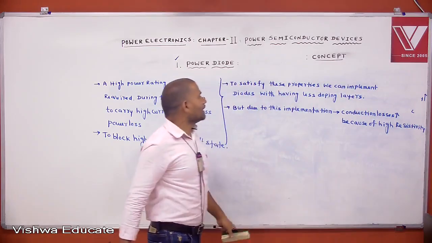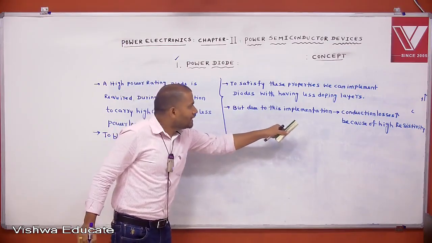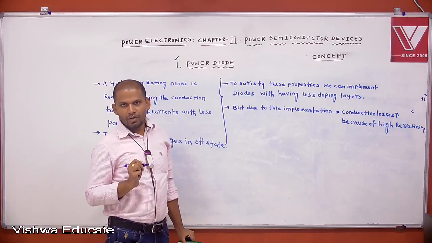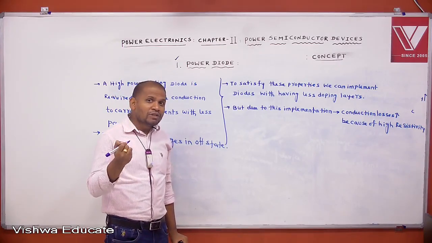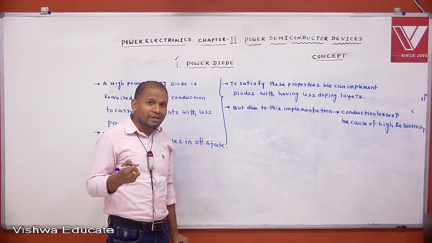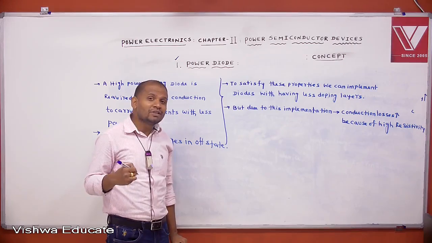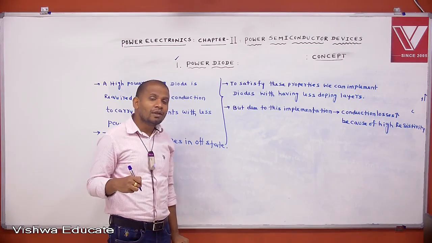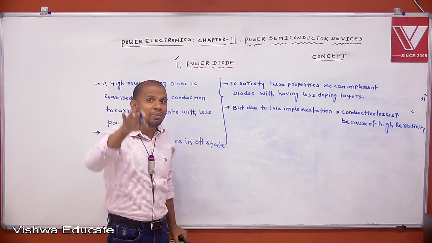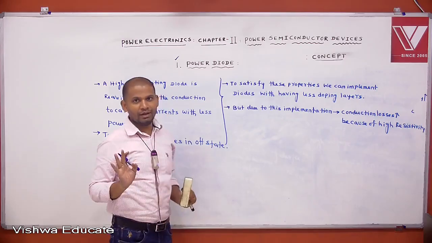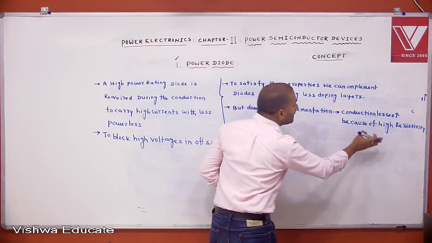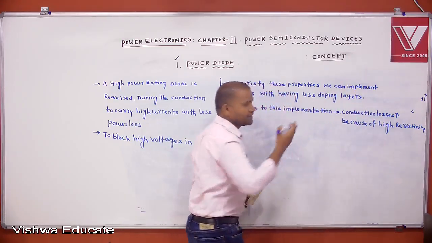If you want to reduce the conduction losses, you want to reduce the resistivity, so you improve the doping concentration. If the doping concentration increases, again blocking capability reduces.